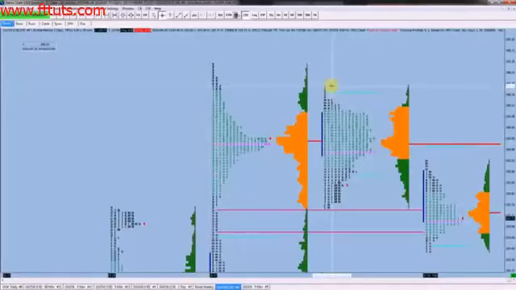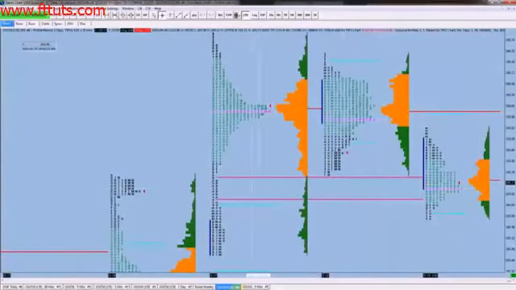However, more often than not, we find that the markets don't always leave perfect buying and selling tails. And this is where you will hear me talk, and you would have heard me talk today, about a bad low or a bad high. This is a bad low. It means that the market has not actually found an aggressive buyer yet.